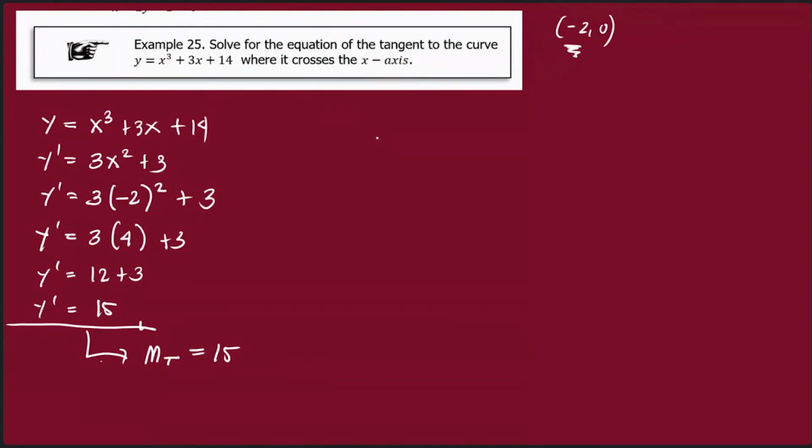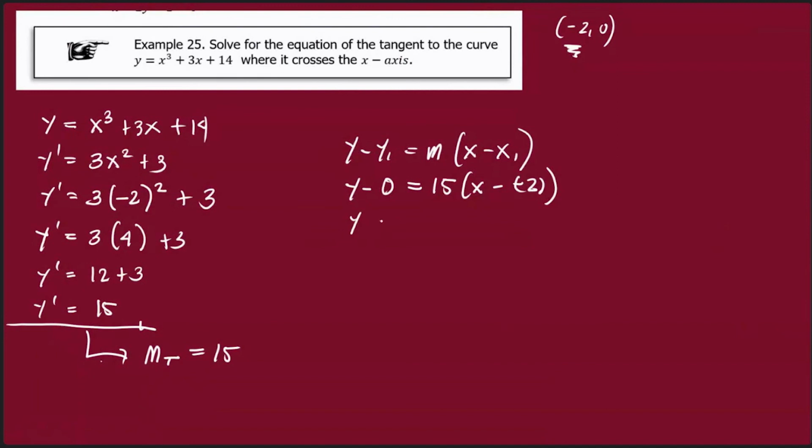Okay, you have the slope, you have the point, so use the point slope form. Y minus y sub 1 is equal to m times x minus x sub 1. Y minus your y sub 1 is 0. This is equal to 15 times x minus your x sub 1, which is negative 2.